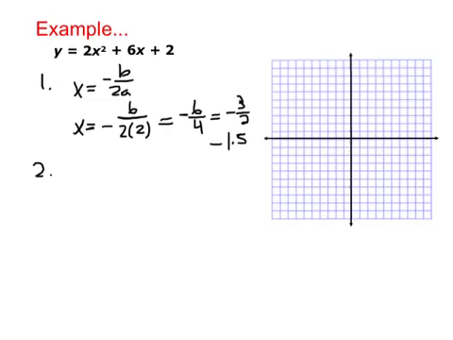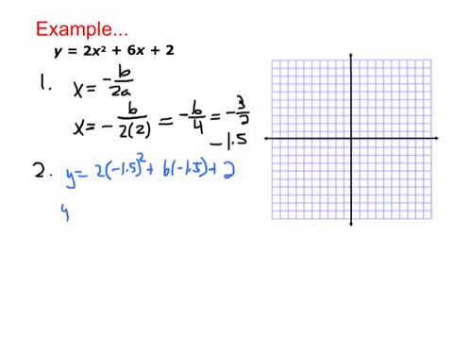Second thing we need to do is find our vertex. So we plug that value back in, and so we get y equals 2 times negative 1.5 squared plus 6 times negative 1.5 plus 2.